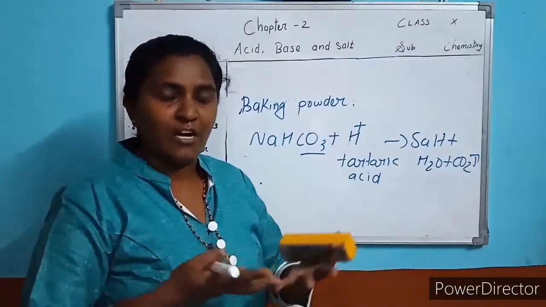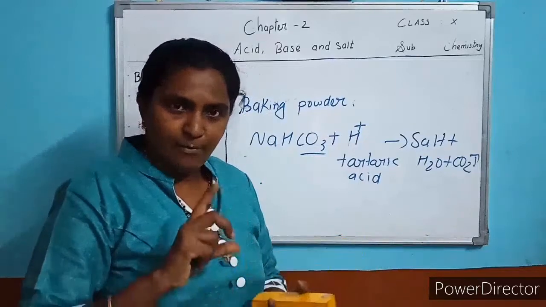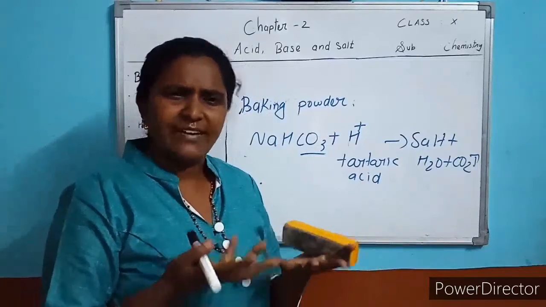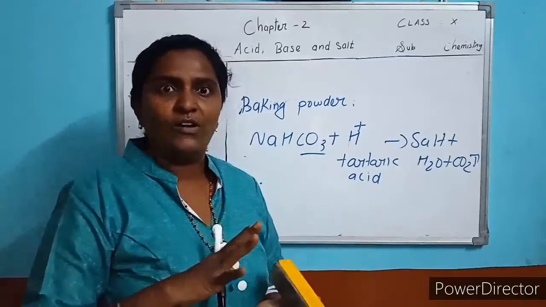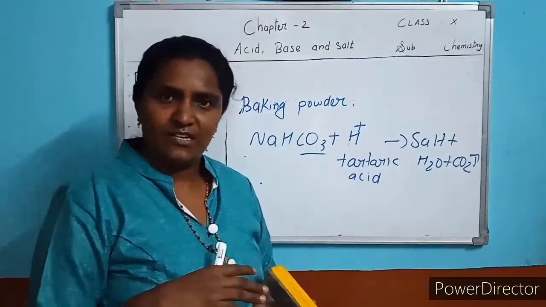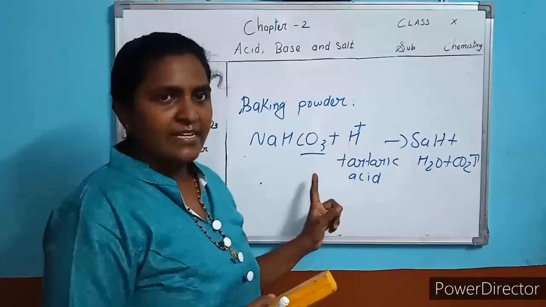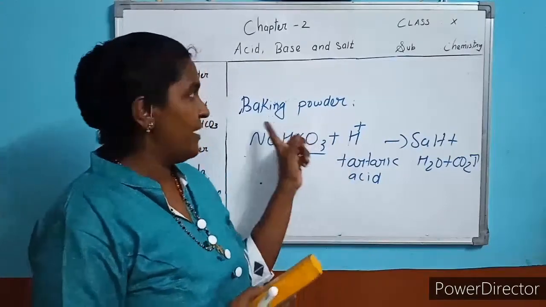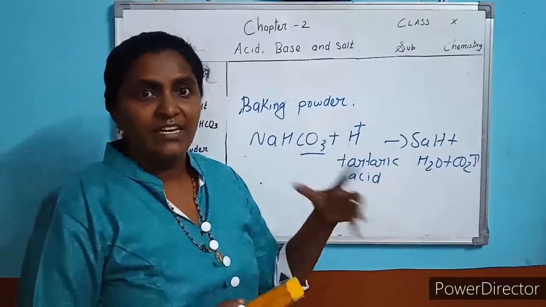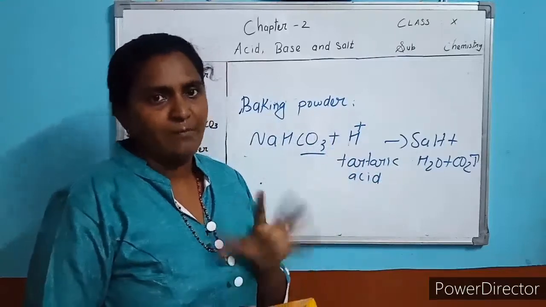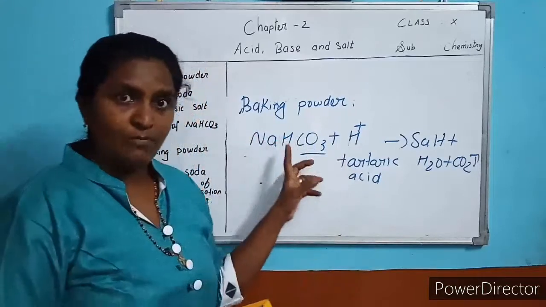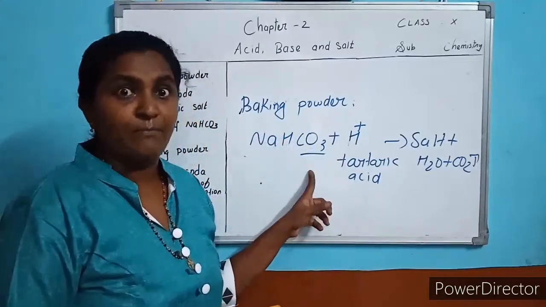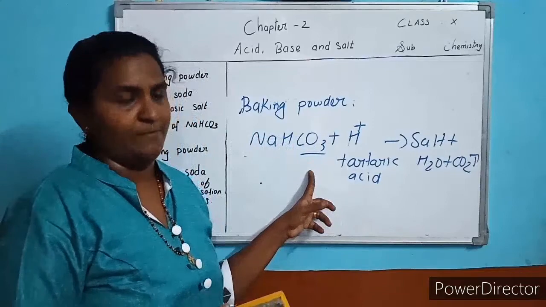Due to the formation of carbon dioxide gas, the product, that means cake or bread, will become fluffy or soft. Understood? So that is the reason people prefer to add baking powder in the preparation of cake or bread. So what they will ask you is, how will you prepare baking powder? Why is it preferred rather than baking soda?